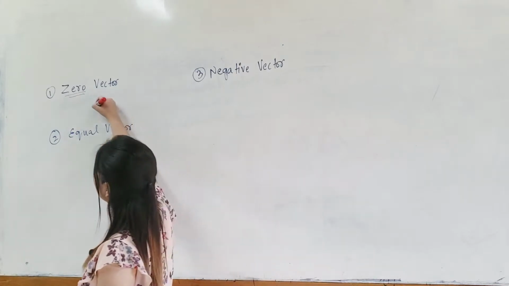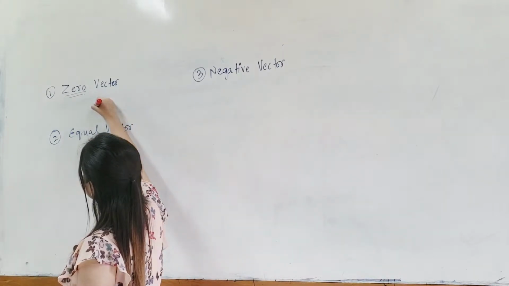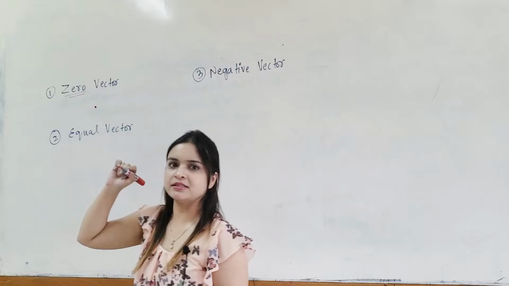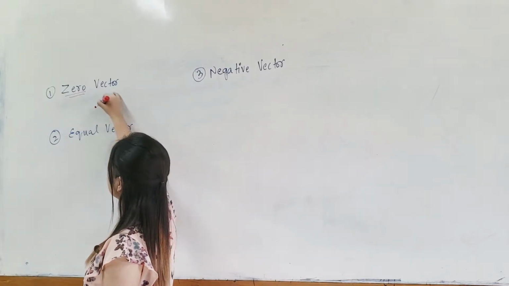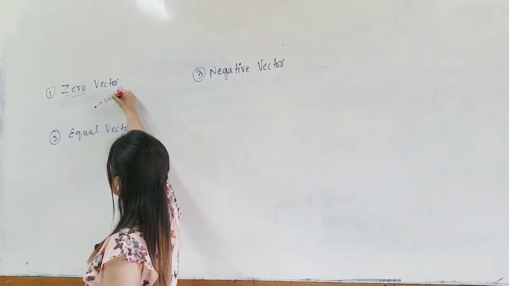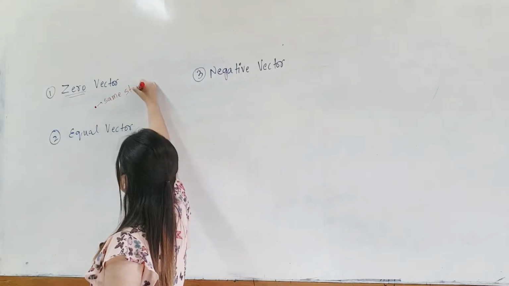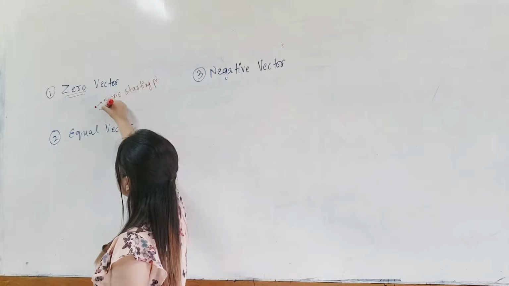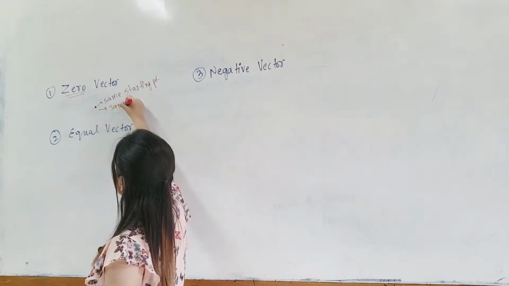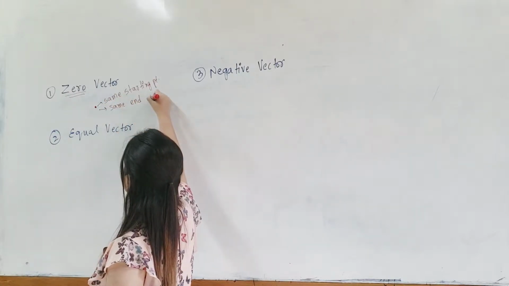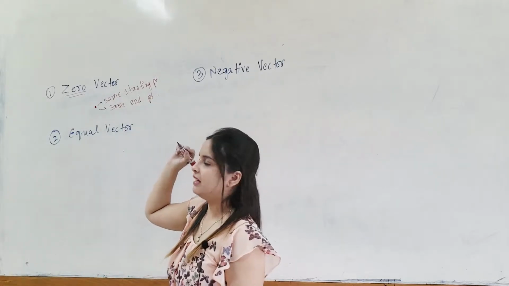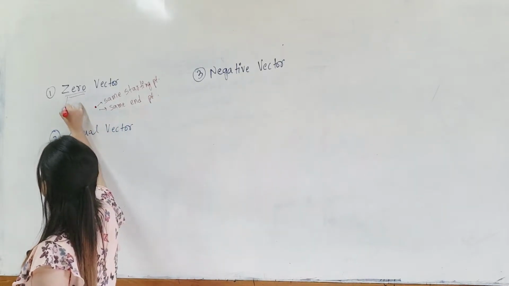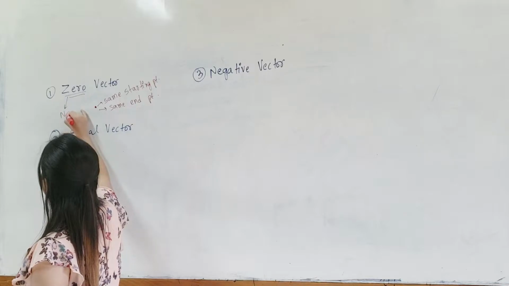That means this point will be a zero vector because it has same starting point and same end point.